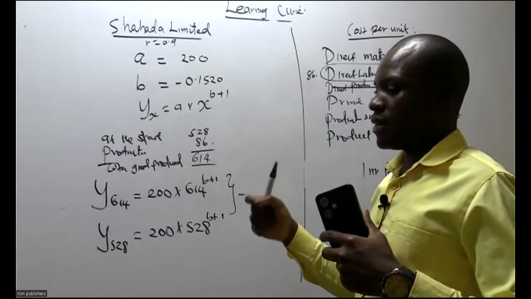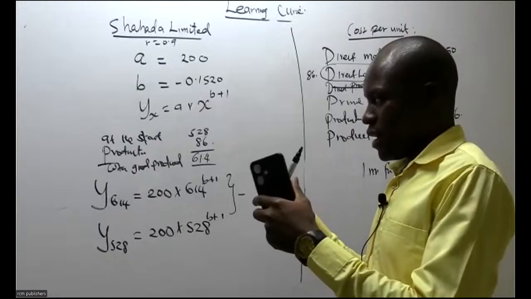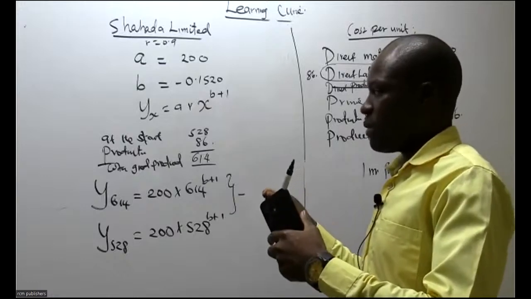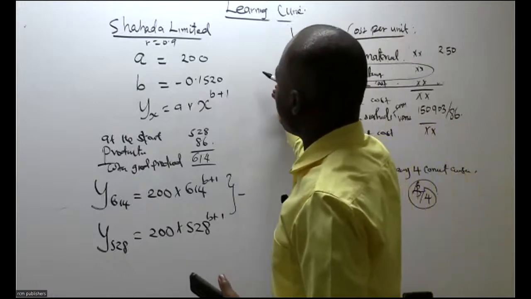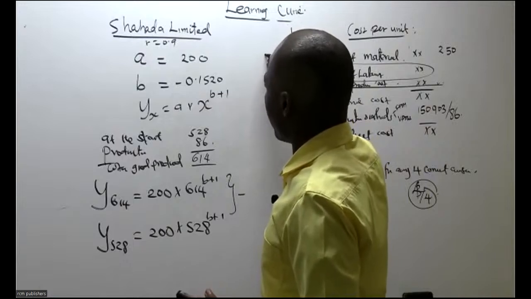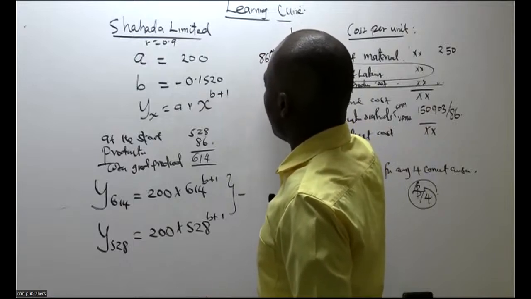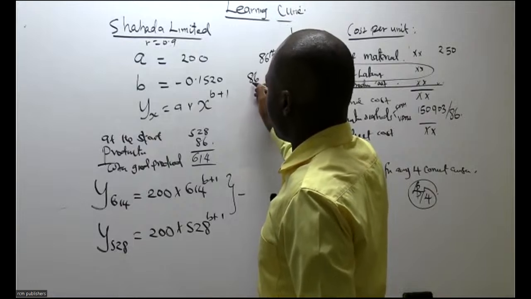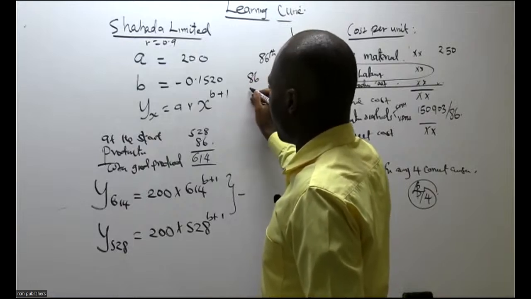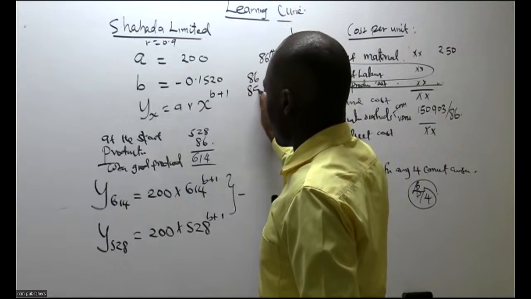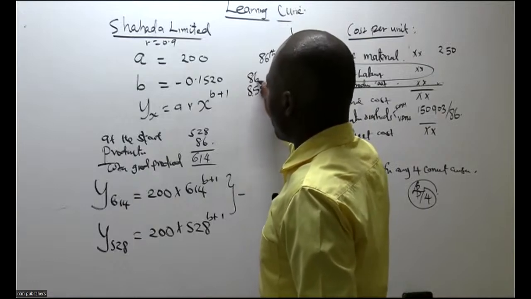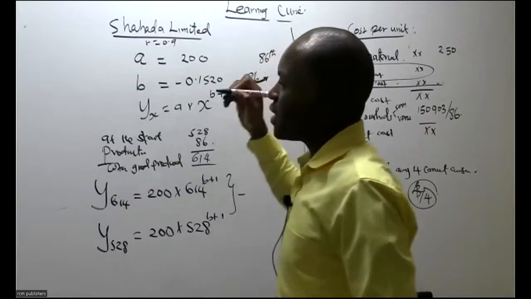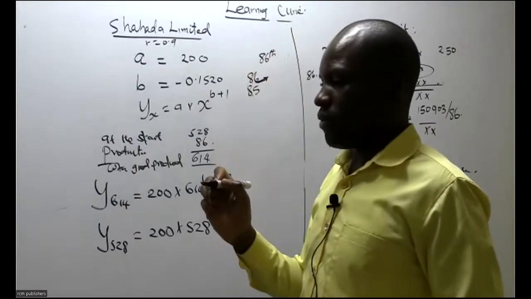Not the 86th unit, but the 86 units. Remember, there's a difference. If you want to get the 86th, you get the first 86, then the first 85. The difference between the two will give you the cost incurred to produce the 86th unit.